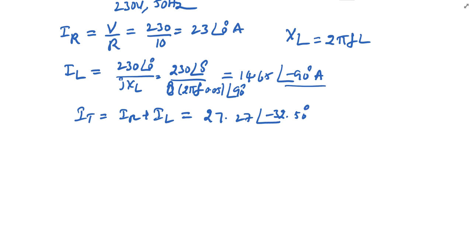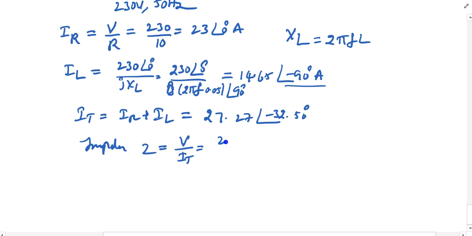Now if you want to find the impedance Z, it is the total voltage by total current, so 230 at an angle of 0 by 23 minus J14.65, the total current.